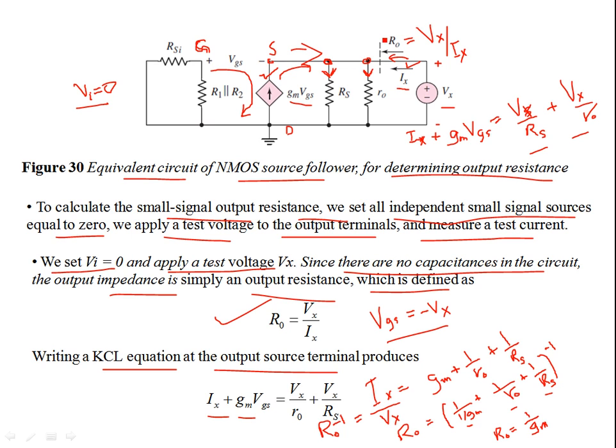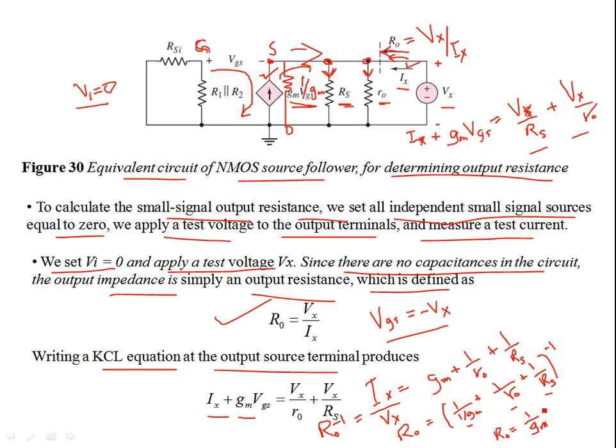From here you're looking for the output resistance. For the output resistance, it's not only the parallel combination of R naught and Rs, but at the source, you have another resistor, which is given by 1 over Gm. Isn't that right? So you have the parallel combination of all these three resistances.